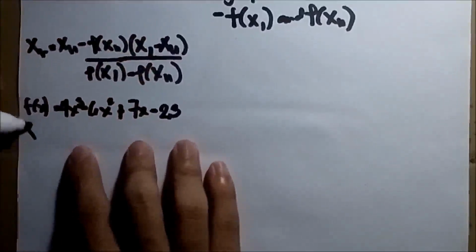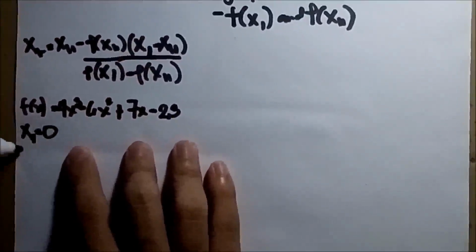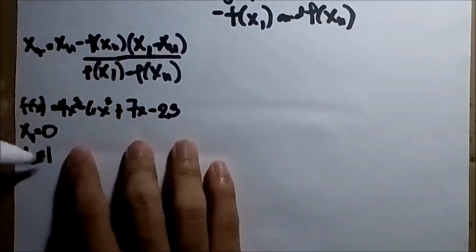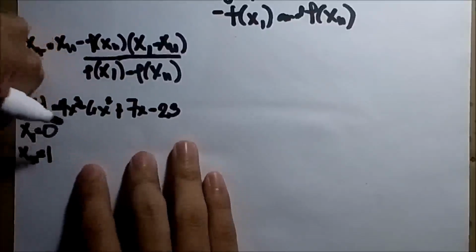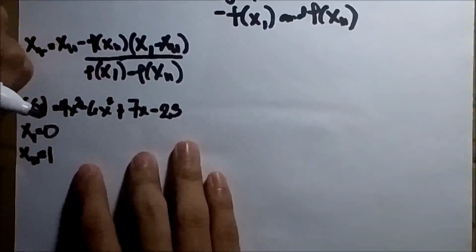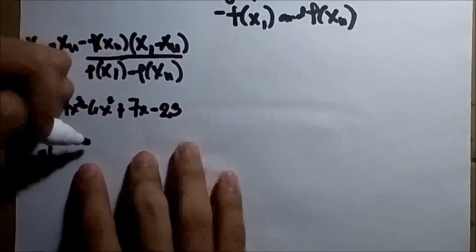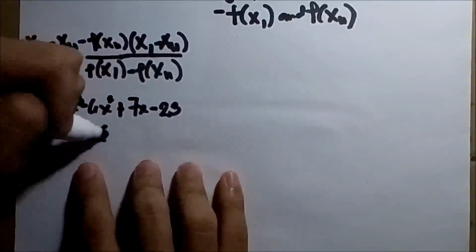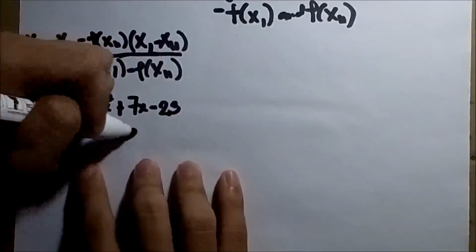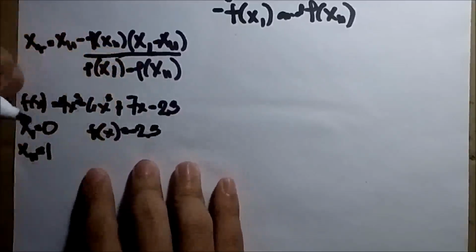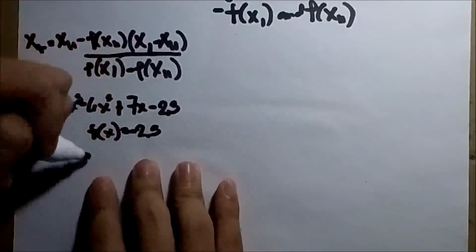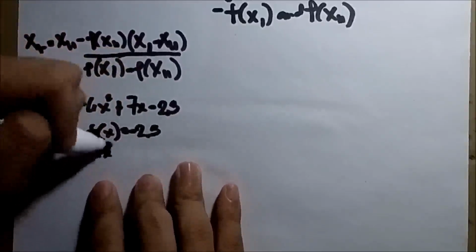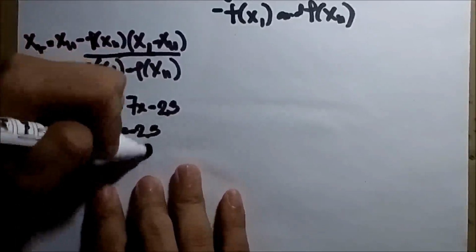The initial values will be x_l equals 0, x_u equals 1. The function of x_l will be negative 2.3 and the function of x_u is equal to 2.7.